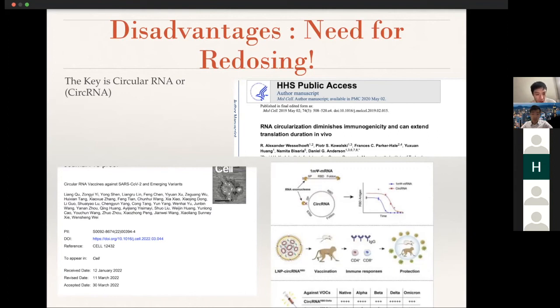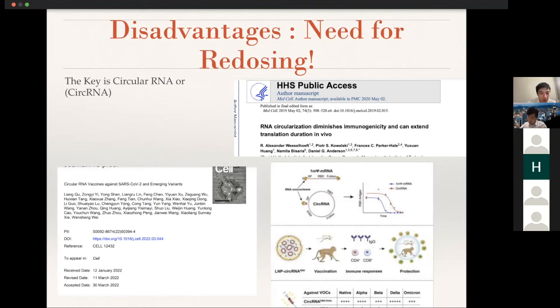This is because in our cells, there are enzymes called RNases that quickly disintegrate the mRNA. The idea of circular RNA is that it lacks the free end for those RNases to latch onto, and as a result, these circular RNA will last longer in our cells, so that more therapeutic proteins can be made.